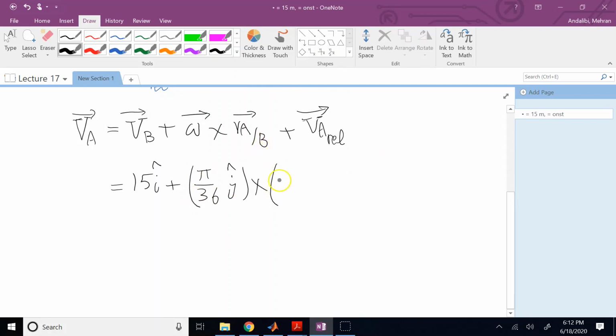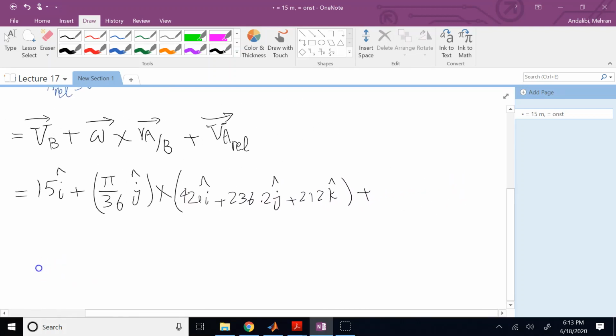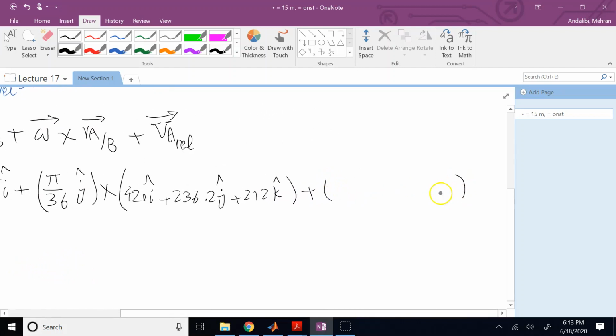It is 420i plus 236.2j, and then plus 212k, and then plus VA relative, which again is given to you by the radar, negative 53.5i, then plus 2j plus 6.6k.